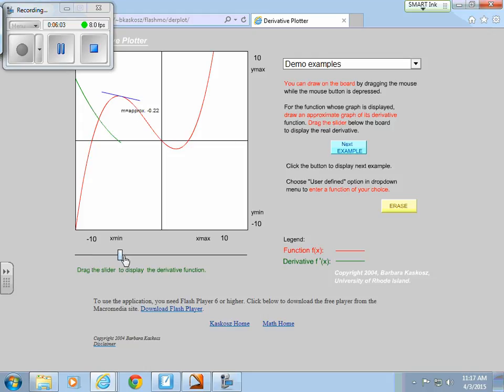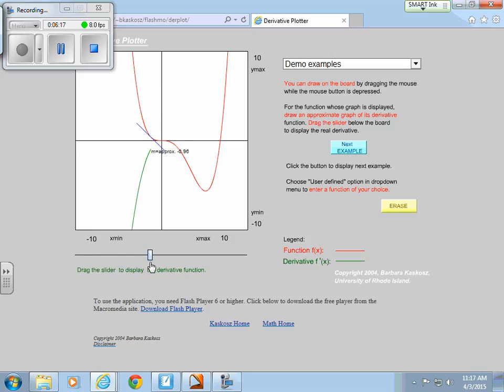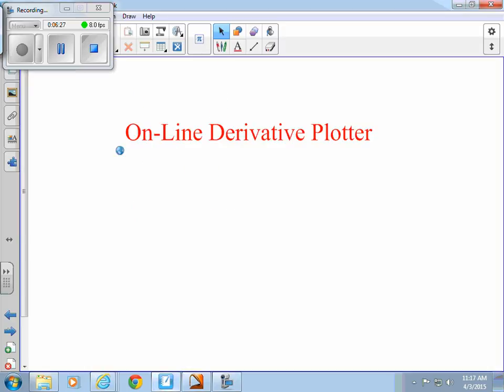It's plotting the derivative using that slope. So that's what we just did. We looked at the slope of the tangent line. And plotted a derivative based on that slope. Interesting little thing to play around with.